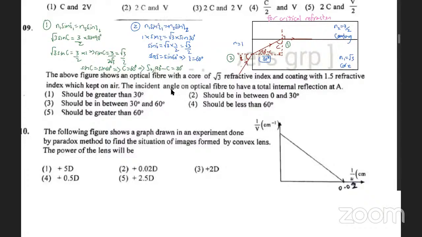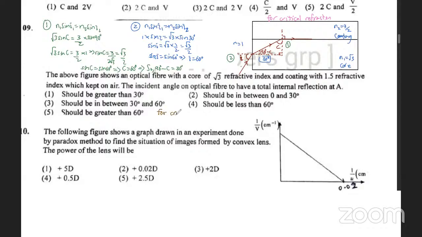But the question is, is total internal reflection happening at this point, no? Is this A, people? I didn't see that in the previous diagram. Is it A here? Yeah, perfect.